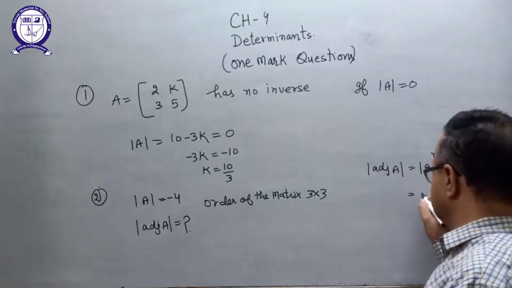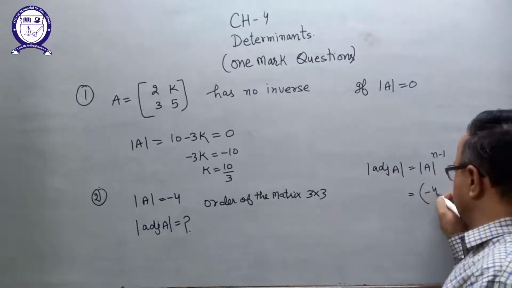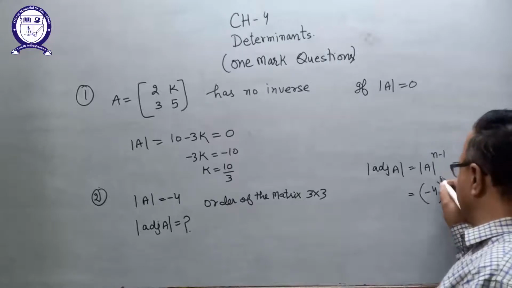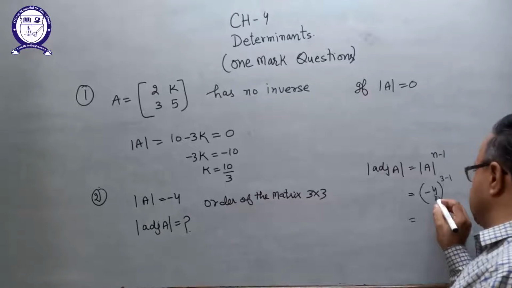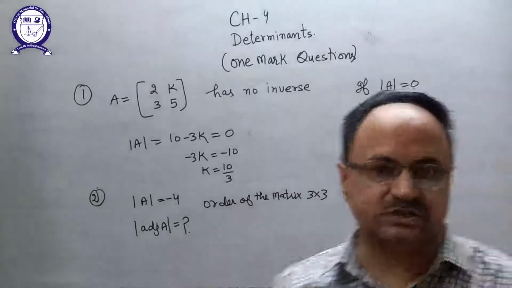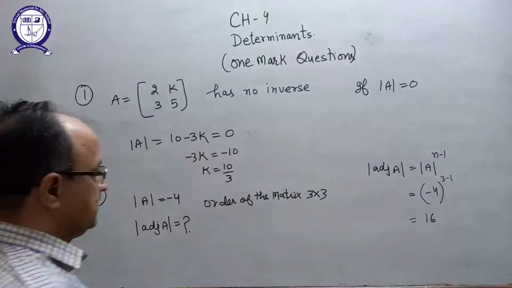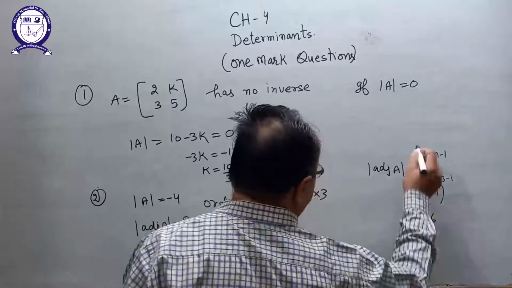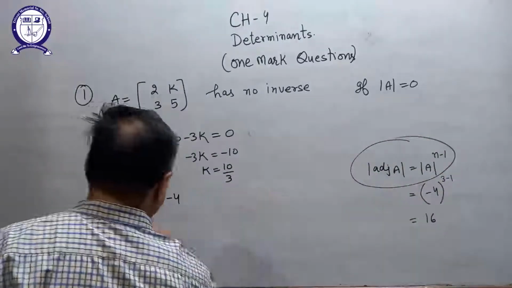For calculating this, minus 4 whole to the power 3 minus 1, that is minus 4 whole to the power 2. It means 16. 16 is the answer. Very easy question. This is a very important property for solving this question.